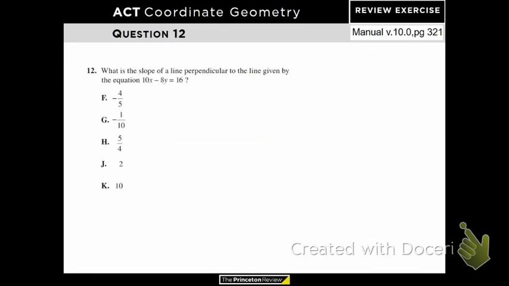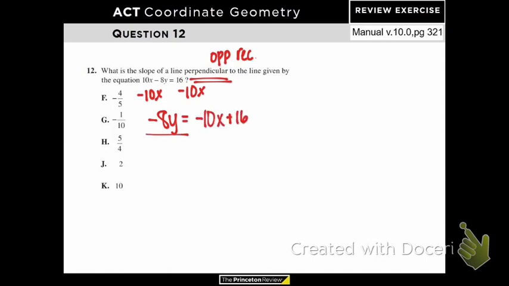Number 12, what is the slope of a line that's perpendicular to the line given by this equation? So same thing, I want to solve for y, get this in slope-intercept form, figure out what the slope is, and then remember for perpendicular, I need to think that's opposite reciprocal slopes. So, solving for y here, I'm going to subtract the 10x. I get negative 8y equals negative 10x plus 16, and then divide by negative 8.